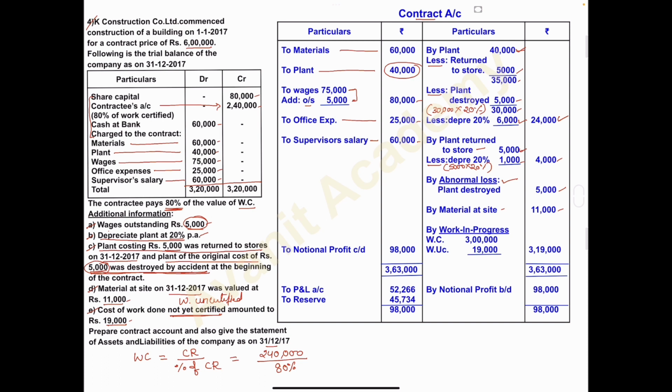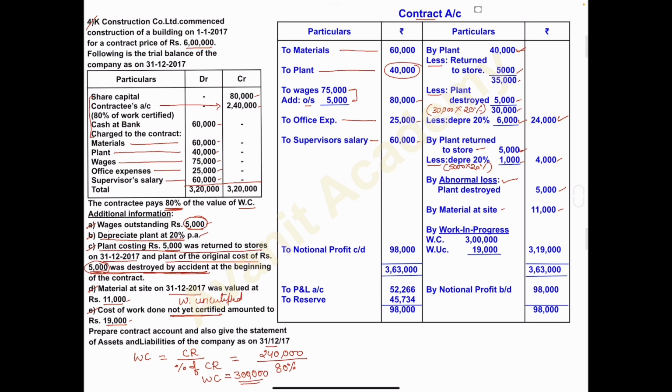Calculate it. You will get 3 lakh. Okay, 3 lakh is the work certified amount. So by taking this formula, work certified is equal to cash received divided by percentage of cash received, you can calculate the amount of work certified.